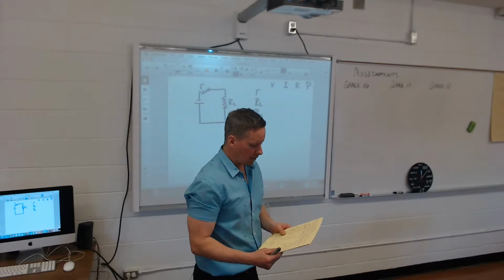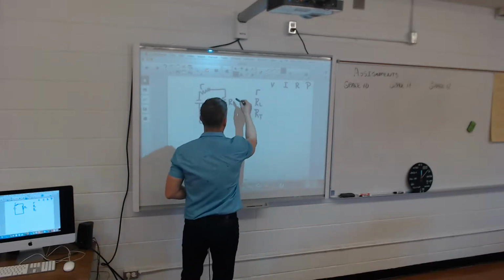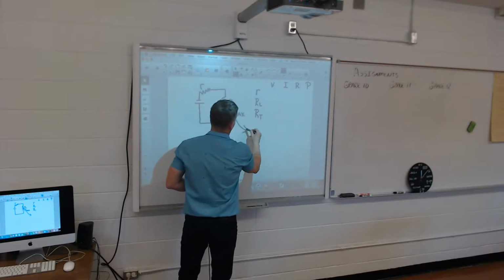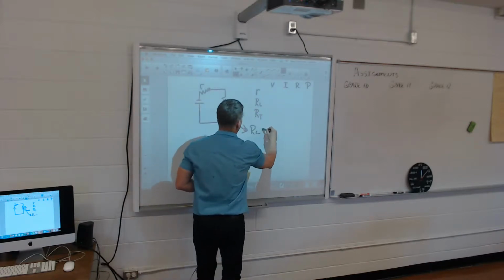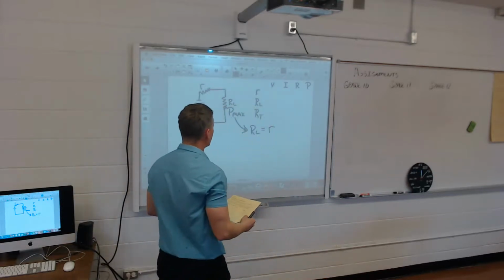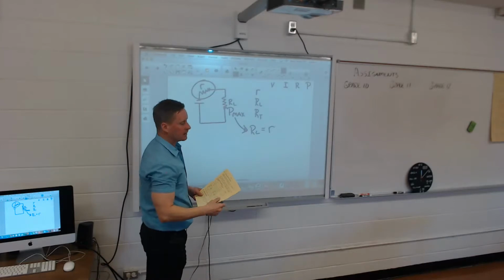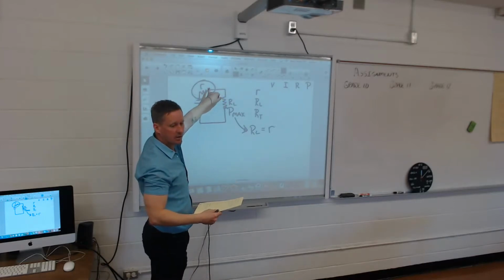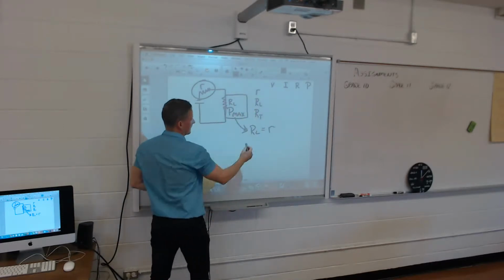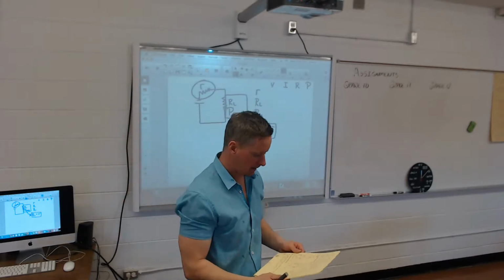Okay, so the maximum power is transferred to the load. When I want maximum power, the load resistance has to equal the internal resistance. Now remember, little r is inside the battery. So to get maximum power on the outside of the battery, my load resistance has to equal whatever the internal resistance is inside the battery.